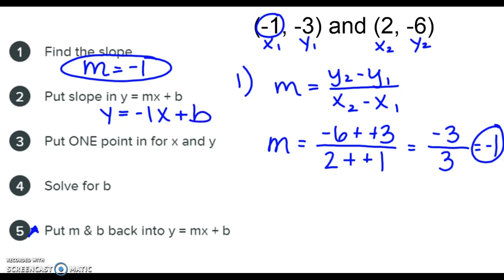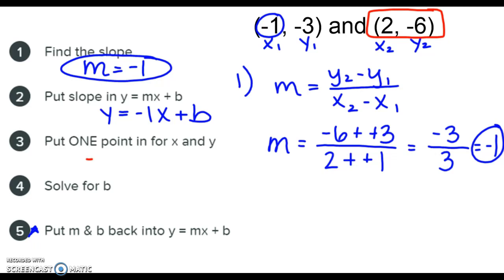Then pick one point. It doesn't matter which point you use. I always like to choose the one that has a 0 in it or positive numbers, because I don't like negative numbers, so I try to avoid them, but you can pick whichever point you want. I'm going to pick my second point in this case; I could have picked -1, -3.